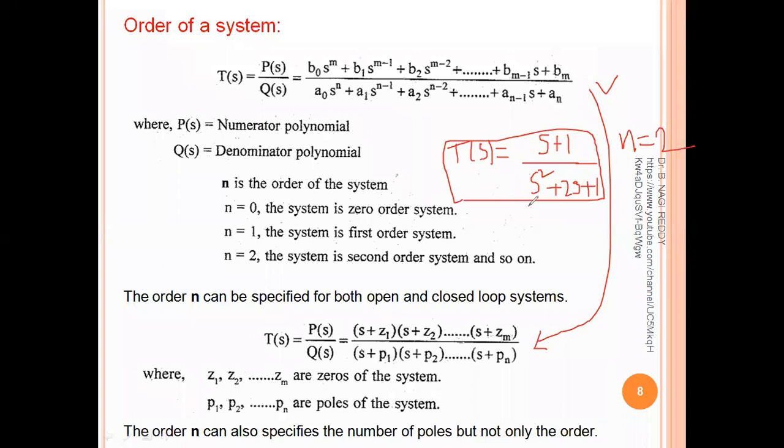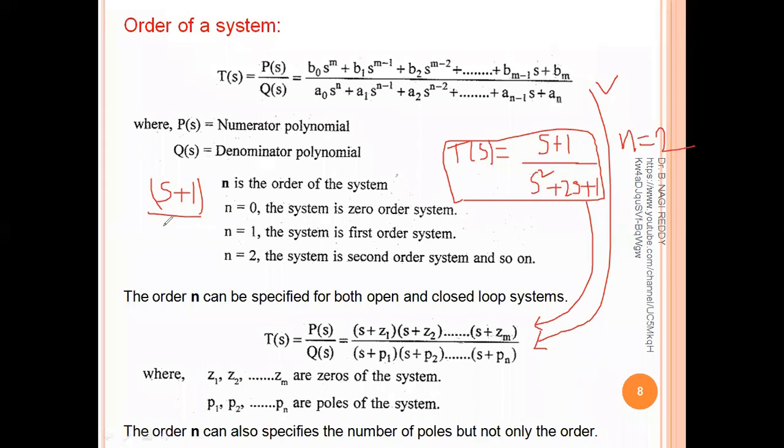And if we want to estimate the zeros and poles of this particular transfer function, we need to convert this equation into this equation. You can see here in the numerator, we need not do any conversion because it is already in the form of s plus 1. So I'll write the same equation as s plus 1 in the numerator, and in the denominator I can factorize this quadratic expression, s square plus 2s plus 1.